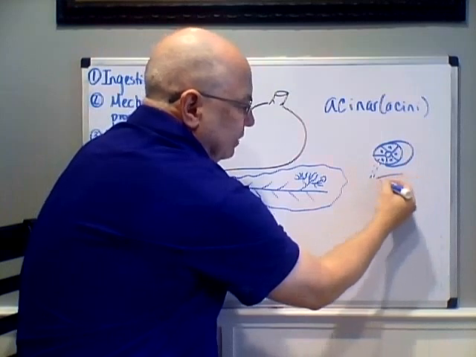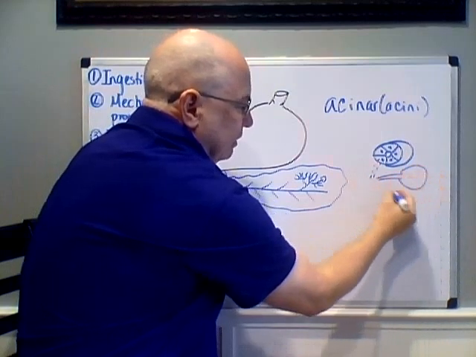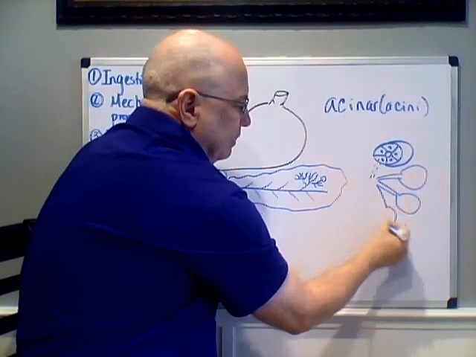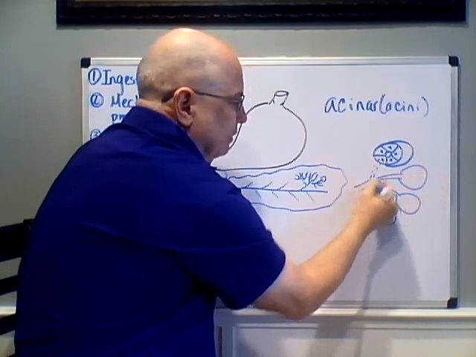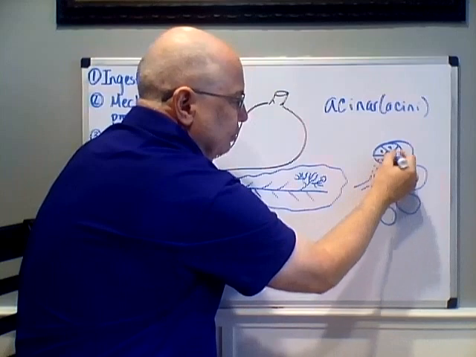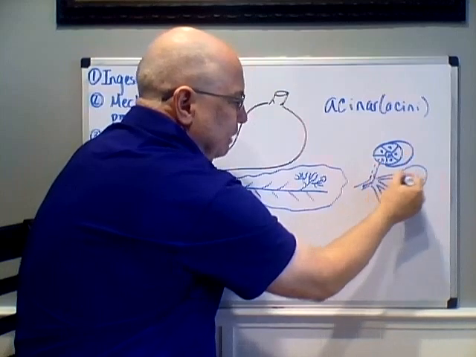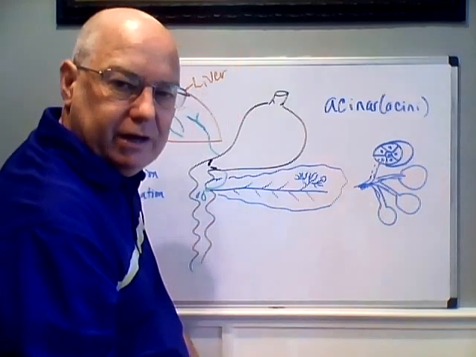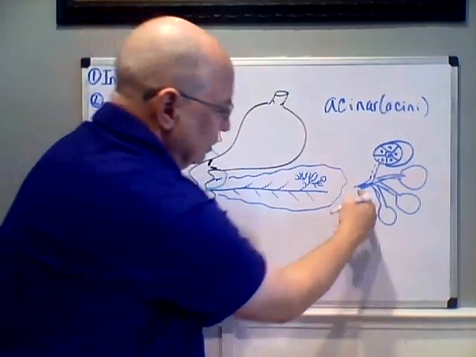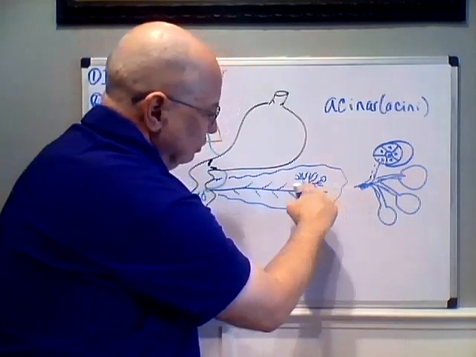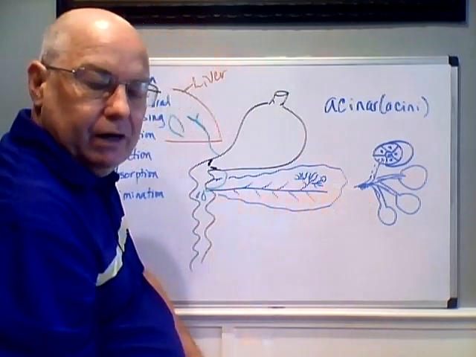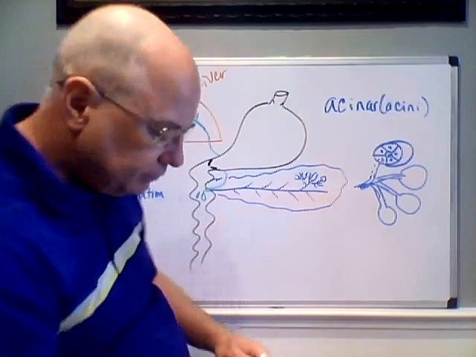And several of these ducts would have acinar cells, or pancreatic acini. At the end, they're going to dump their secretions into this tube, and all of these will collectively dump little bits of pancreatic juice into these tubes. These tubes will connect to other tubes and larger tubes, and eventually connect to the pancreatic duct.